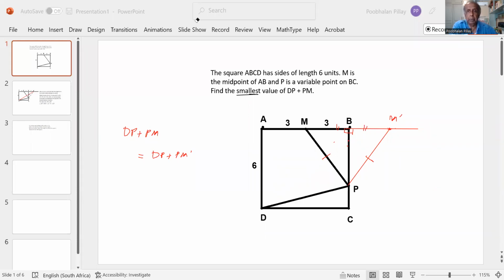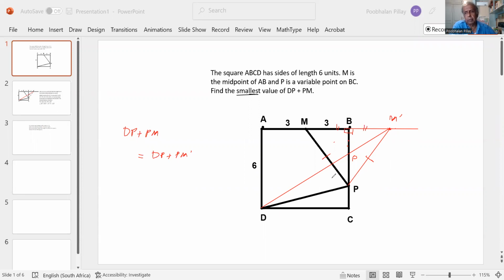So if I choose P to be where the straight line from D to M prime cuts this line here, then dP plus PM is smaller, because it's the distance from D to M prime, which is smaller than this.